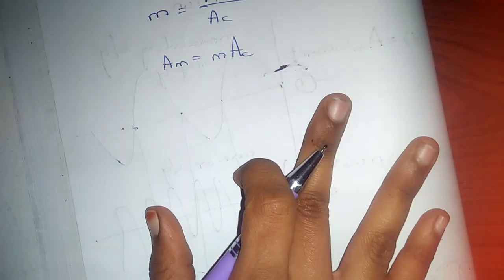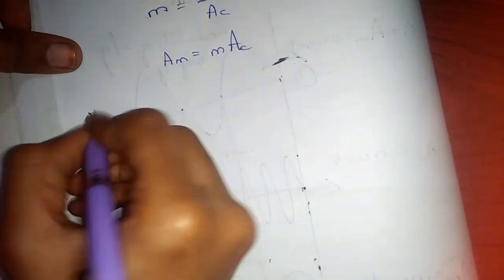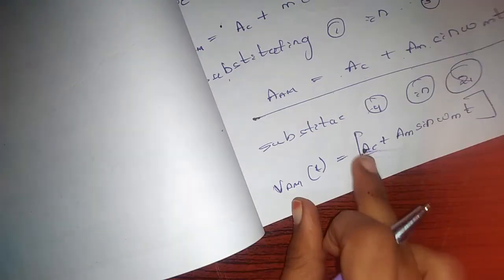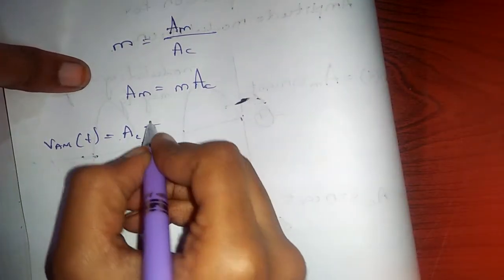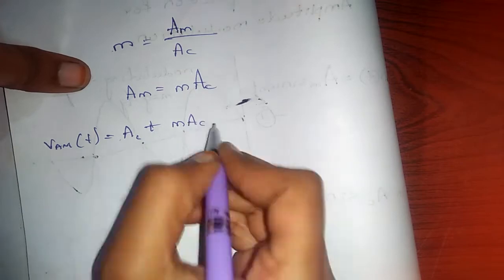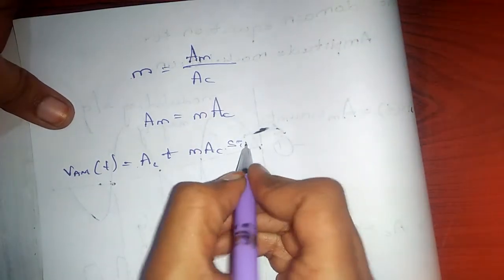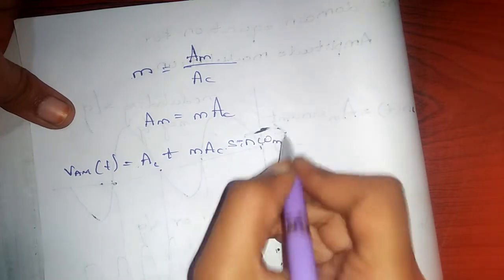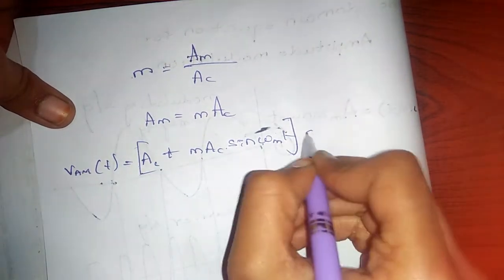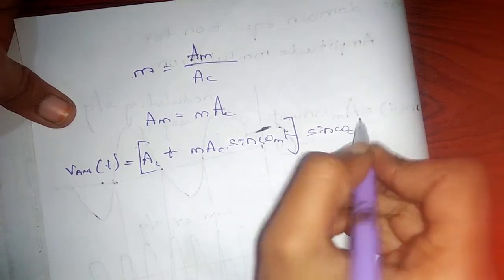Then we get Vam of t is equal to AC plus MAC sine omega mt into sine omega ct.